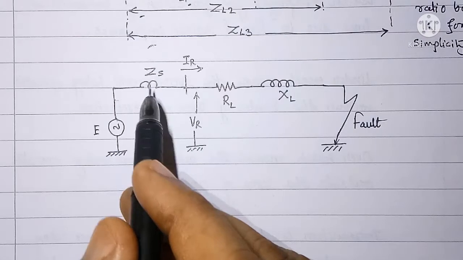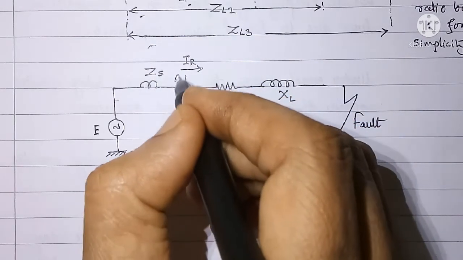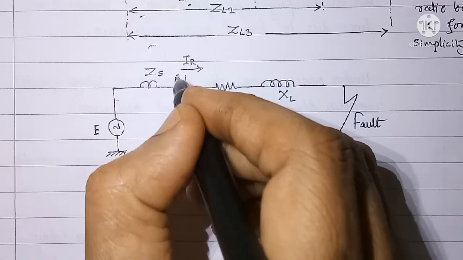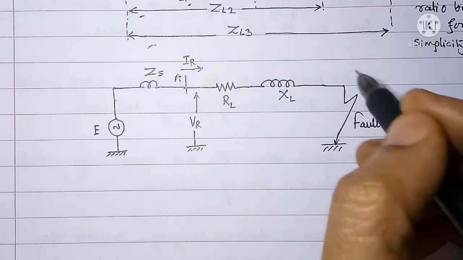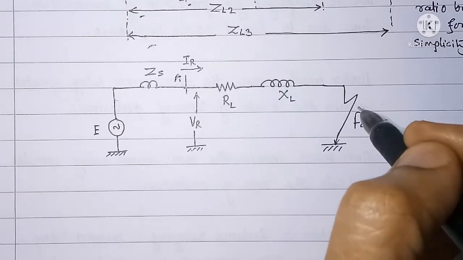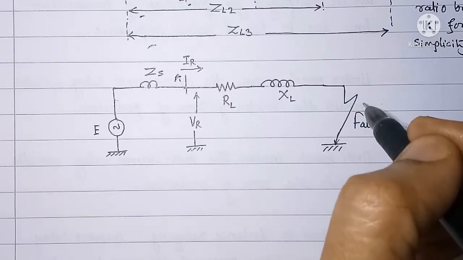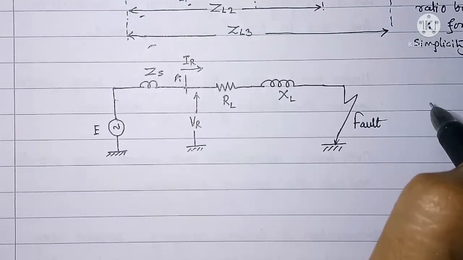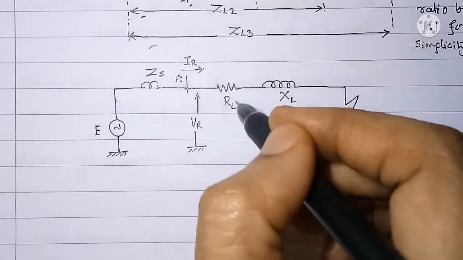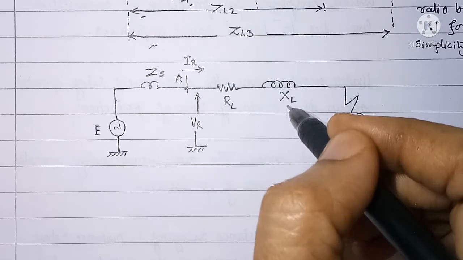Source impedance, bus A, and the fault is here. I have simply written fault here because the fault may be internal, reach point fault or external fault. We can slide this to the left or to the right. Here is the equivalent line resistance, equivalent line reactance.